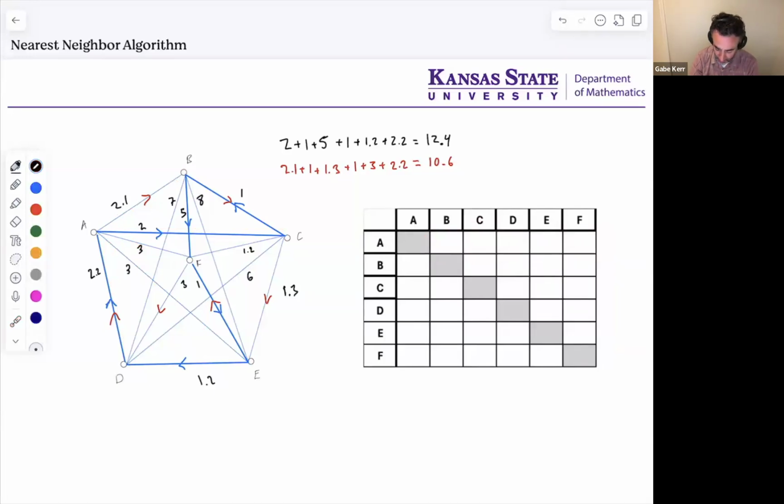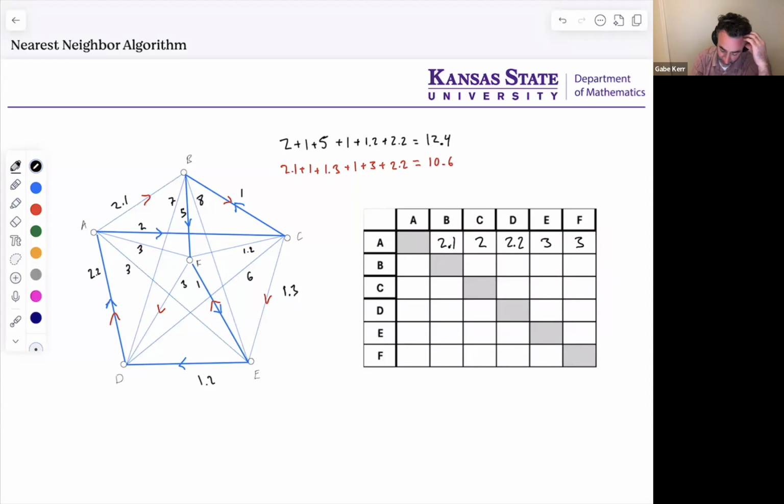All right, so AB has value 2.1. AC has value 2. AD has value 2.2. AE has value 3, and AF has value 3.